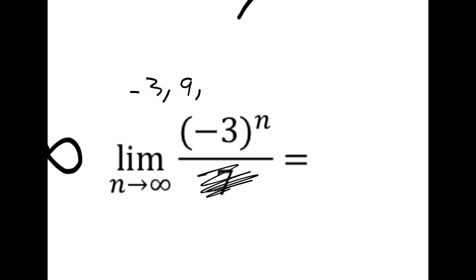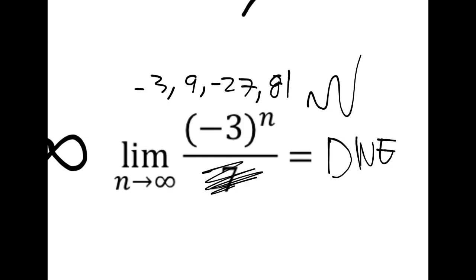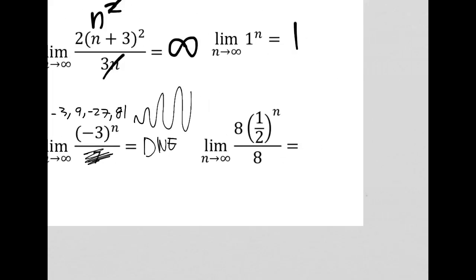If n was 3, then we'd get negative 27. If n was 4, we get positive 81. So we're increasing by 3 to the n power, but it's continuing to change sign. And so we're going to say that this limit does not exist, because it's going to continually alternate between positive and negative, and it's not going to go to anything in specific.